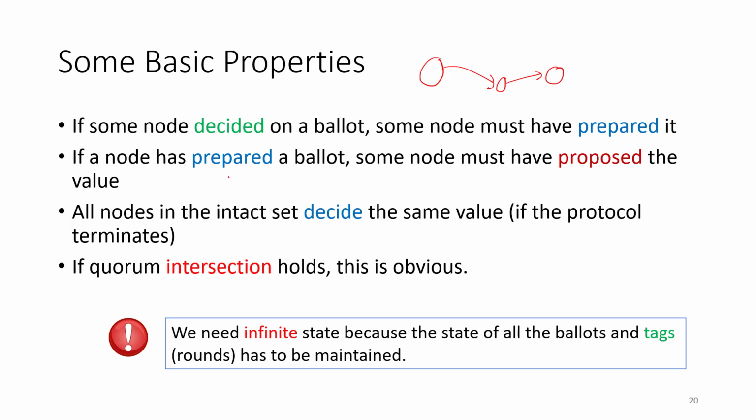Now, if a node has prepared a ballot, some node must have proposed the value, right? And again, this can be the same argument that we have a continuous information flow, so someone must have proposed the value.